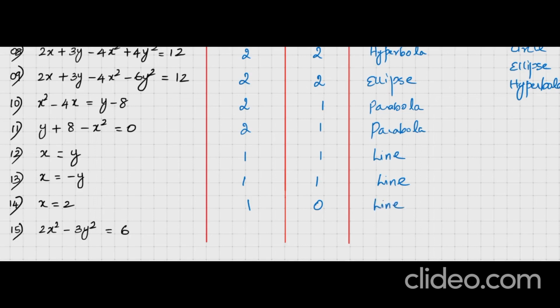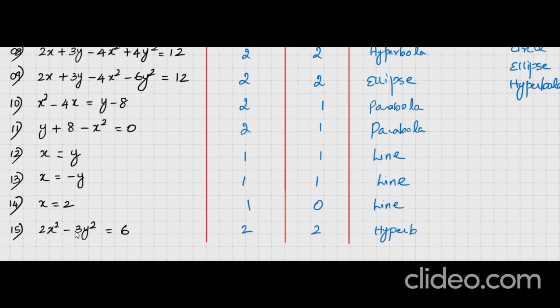Again here the degree of x is 2 and the degree of y is 2. We are having three choices. The x square sign is positive and the y square sign is negative, so it represents a hyperbola.